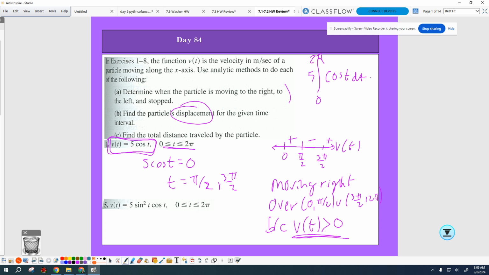So just integrating, whose derivative is positive cosine, positive sine, evaluating from 0 to pi. Y'all went nowhere. You ran around the track and came back to where you started.